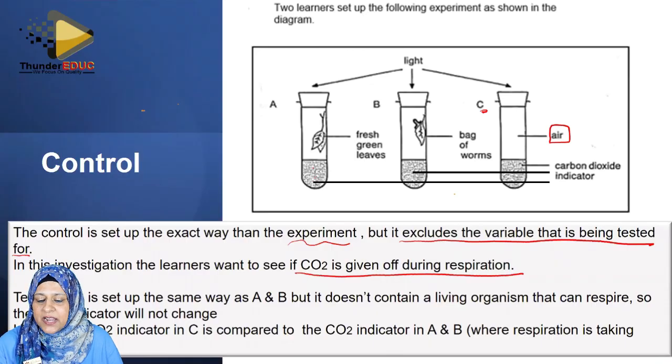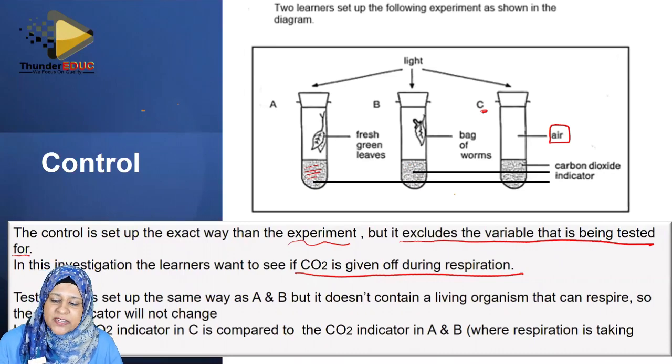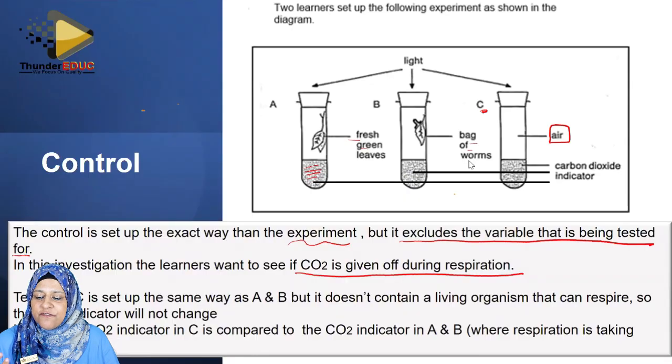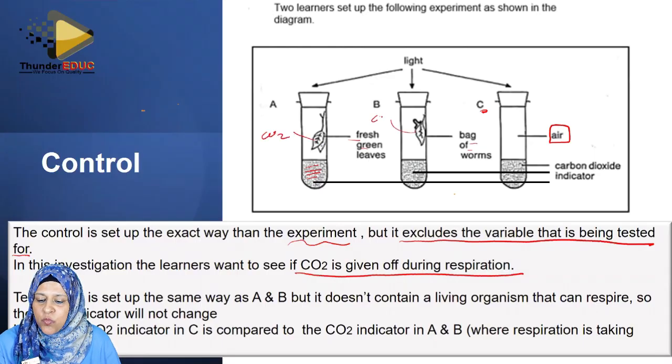This clear lime water here in this test tube is going to turn milky in the presence of carbon dioxide because the leaves will respire and the bag of worms will respire. Now, we are testing for respiration where the CO2 is given off. So CO2 will be given off by the leaf, CO2 will be given off by the worms.